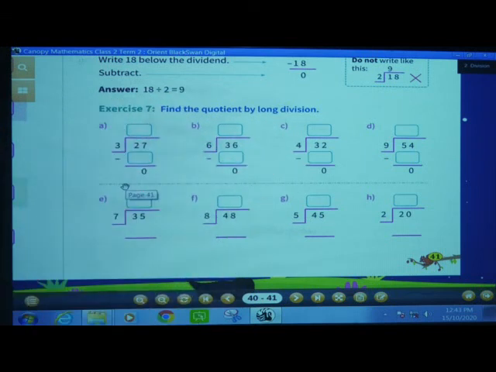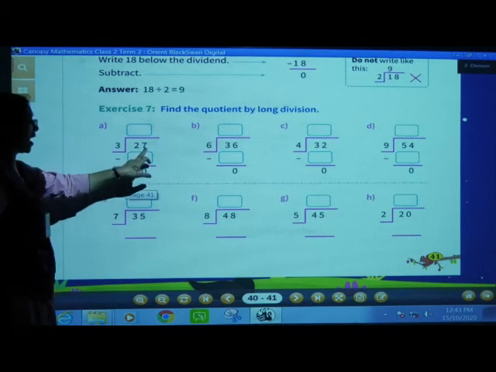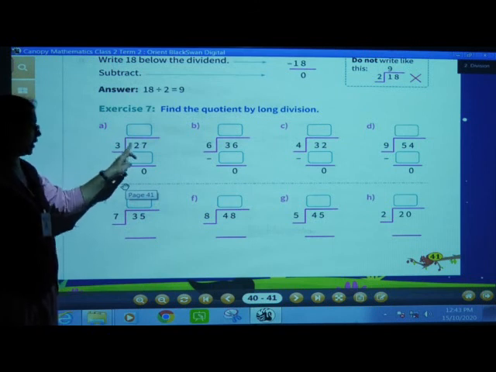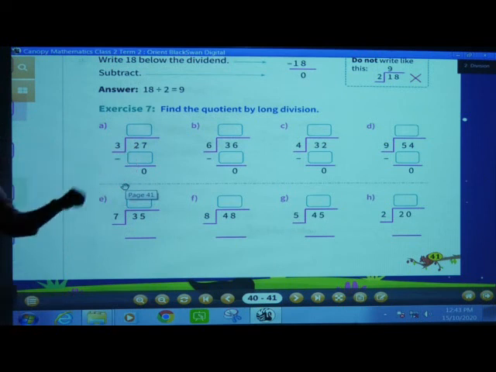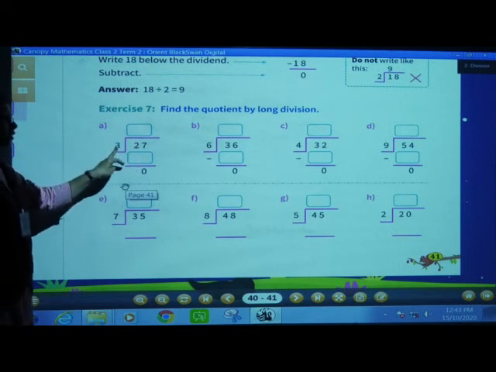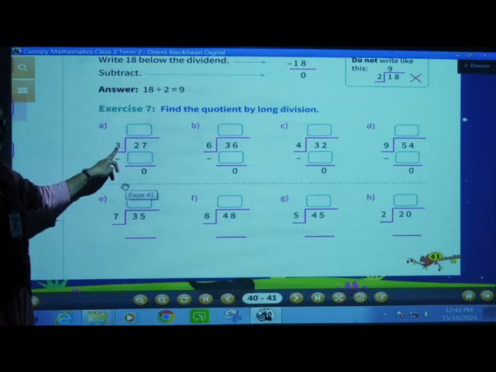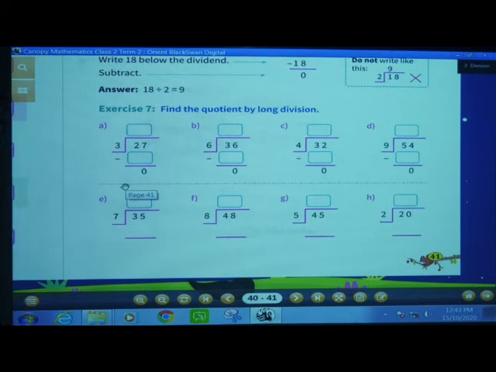First number, 27 divided by 3. 27 is the dividend and 3 is the divisor. Then we have to say table of 3 till we reach 27.